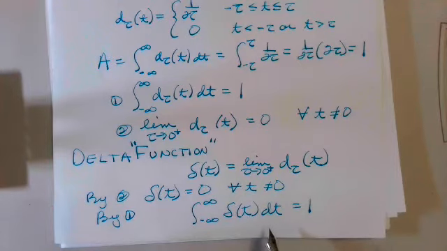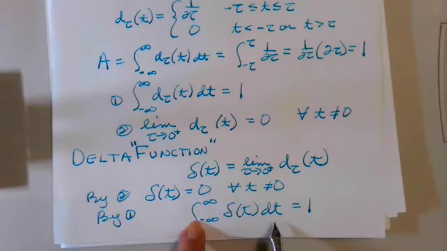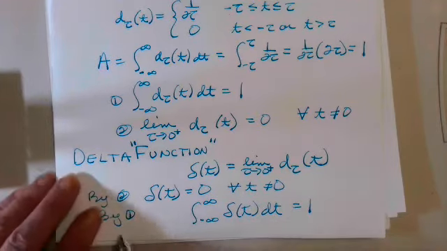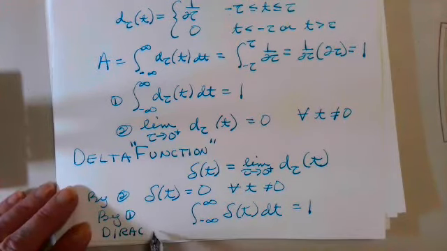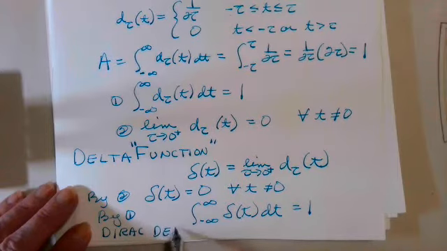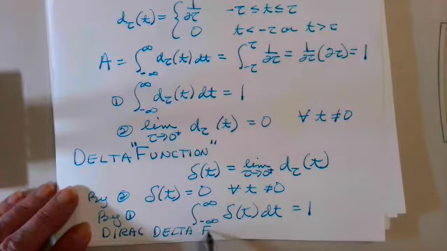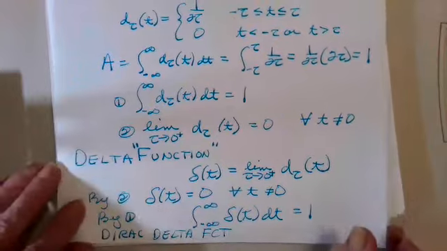That means it has to have infinite mass at t equals 0. That's the only place we can get something non-zero, and by its very construction it satisfies this property. This is what's known as the Dirac delta function. But like I said, it's not a function at all.